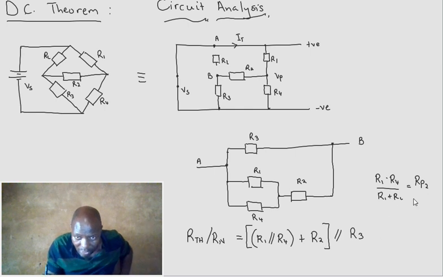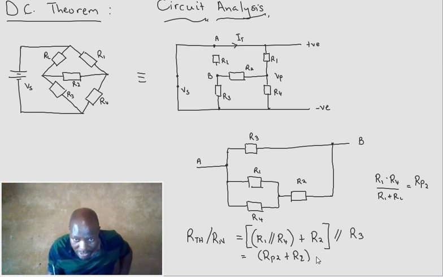So after you've got R parallel 2 there, our R parallel 2 needs to be added to this one. We are going to call this R series 2, because we have series 1 here.